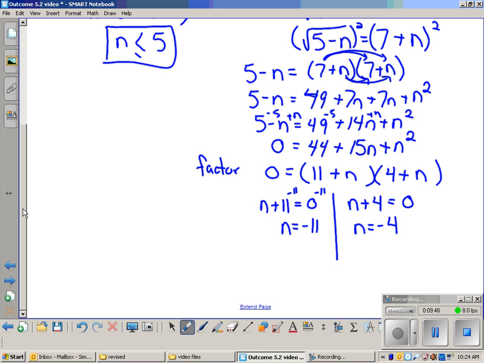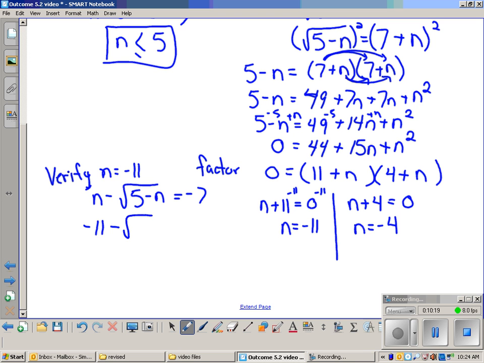Remember that we need to now verify those roots. So to verify, we are going to substitute back into the original equation. So let's start by verifying n is equal to negative 11. To do that, I'm going to substitute back into my original equation, which was n minus the square root of 5 minus n equals negative 7. So negative 11 minus the square root of 5 minus negative 11 equals negative 7.